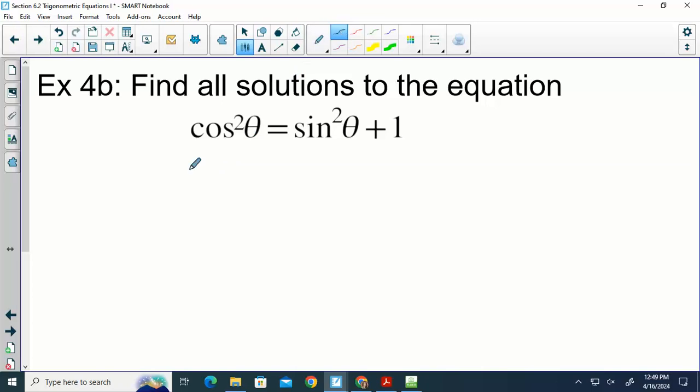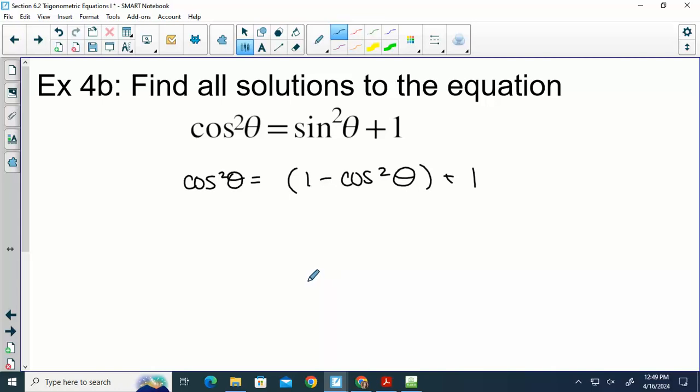So which one do you want me to replace? The sine squared. What can I change sine squared to? 1 minus cosine squared theta. Right, because sine squared theta plus cosine squared theta equals 1.